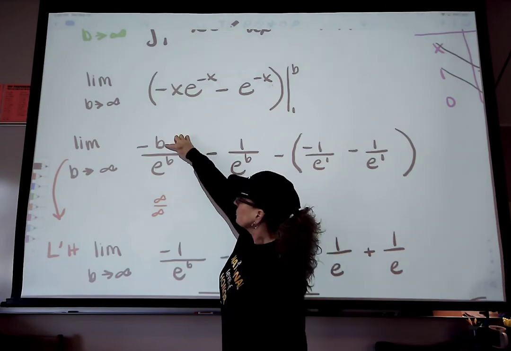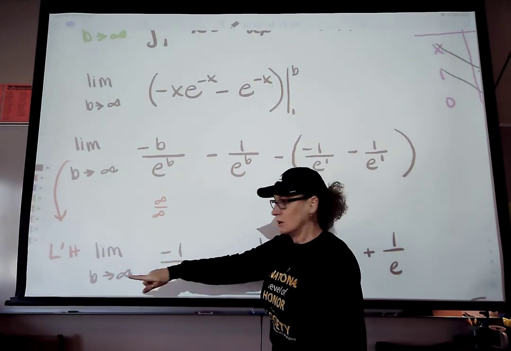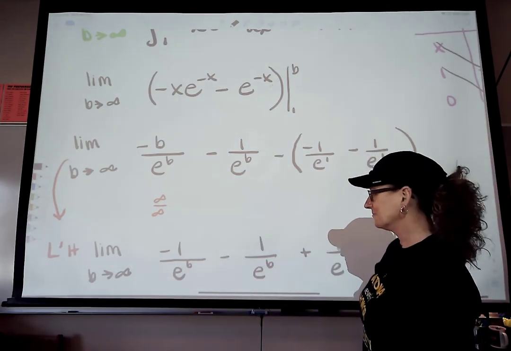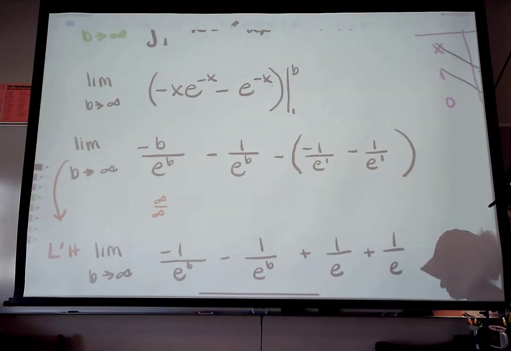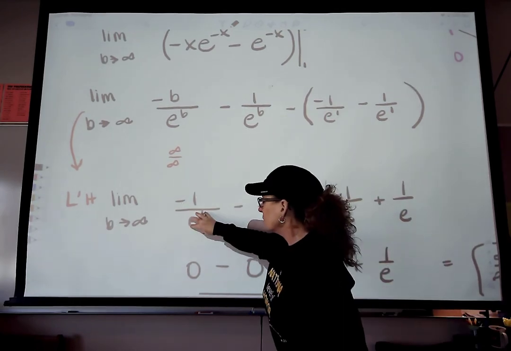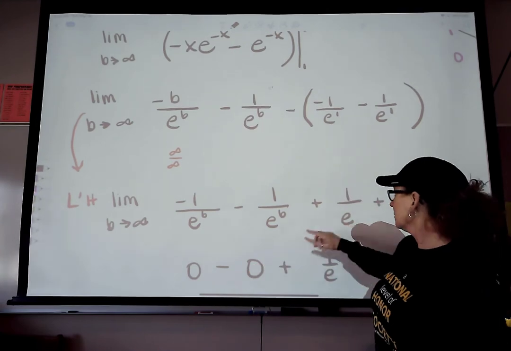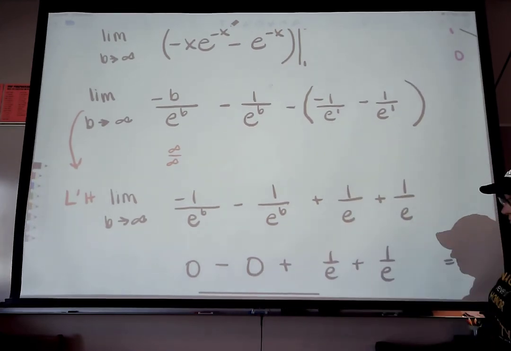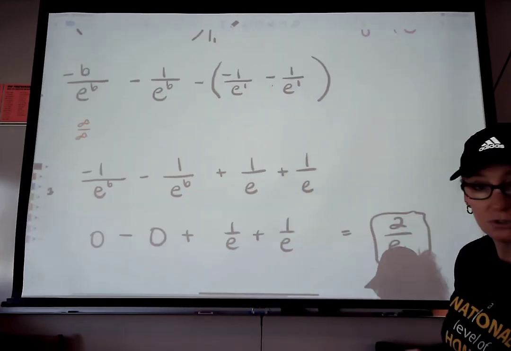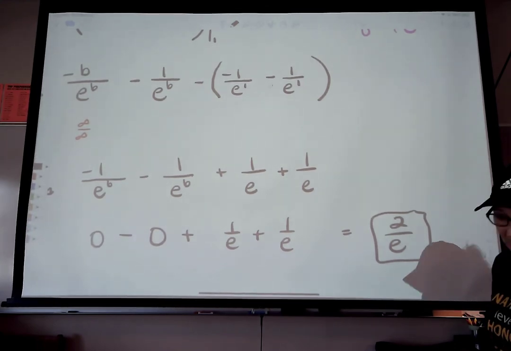So, derivative, derivative, try it again. Same, same, same. Negative 1 over huge, 1 over huge, 2 over e.